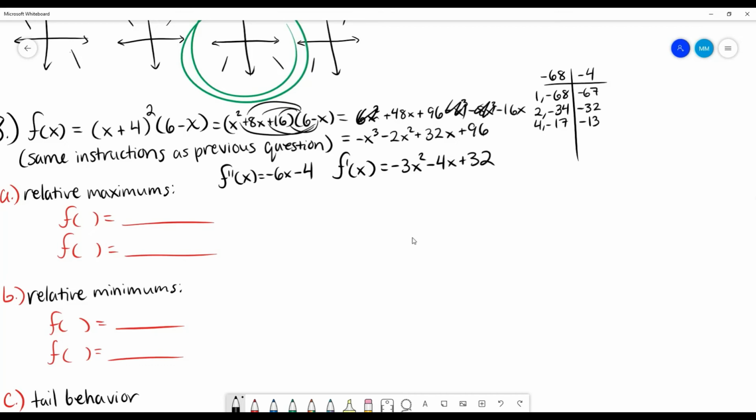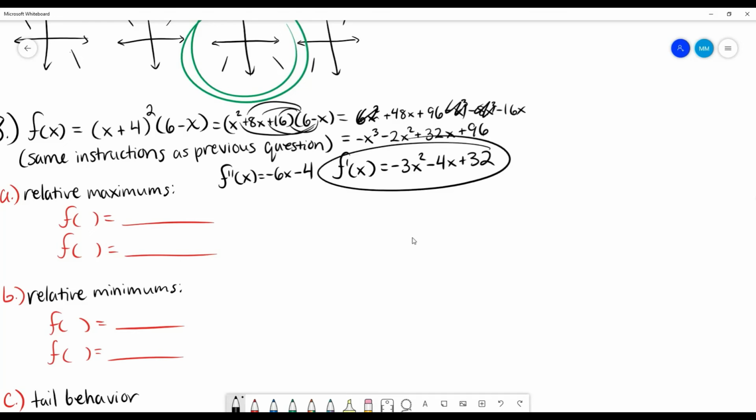I believe 17's prime. Yeah, so it doesn't look like we can really factor this out. So I guess we'll use the quadratic formula to figure out our zeros for this function.